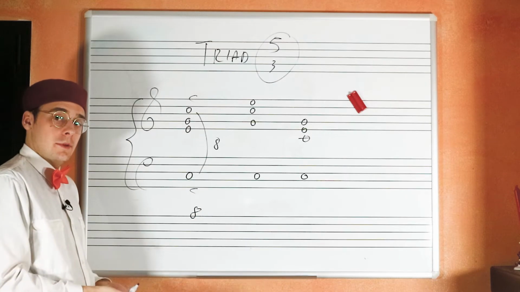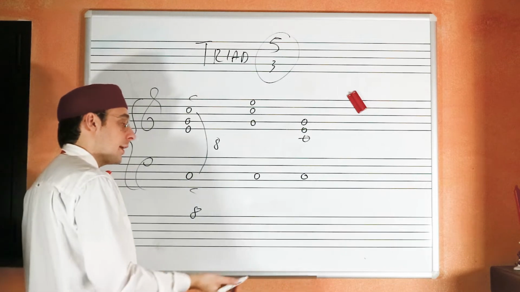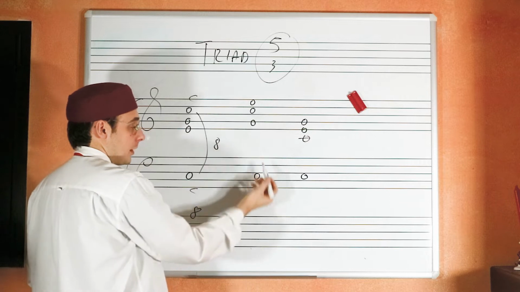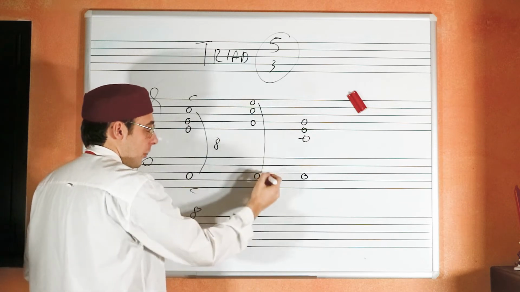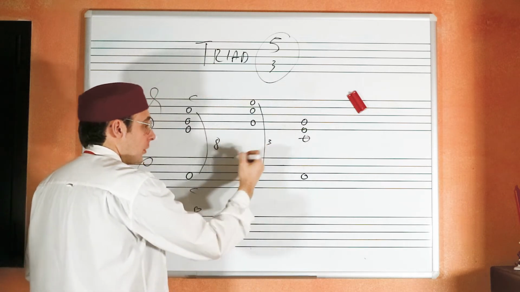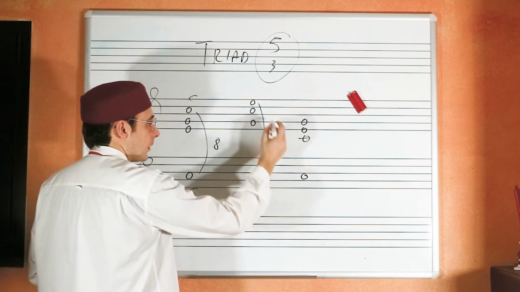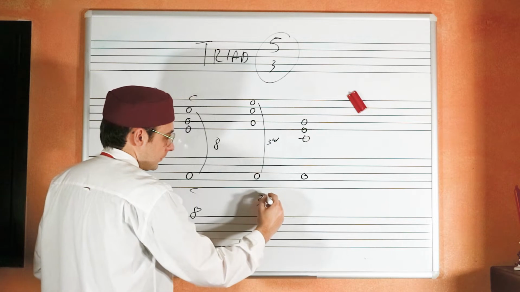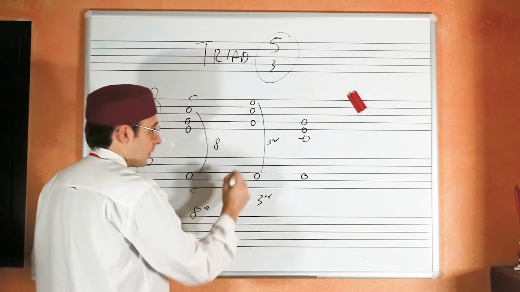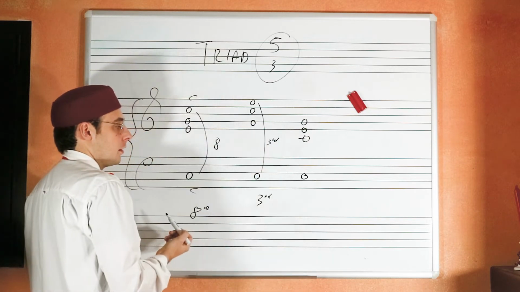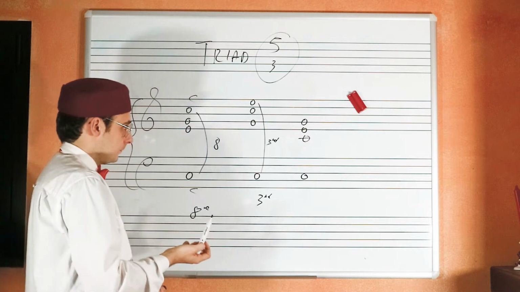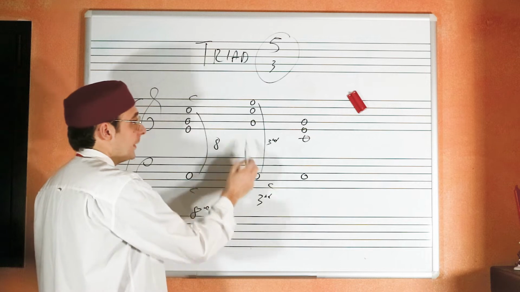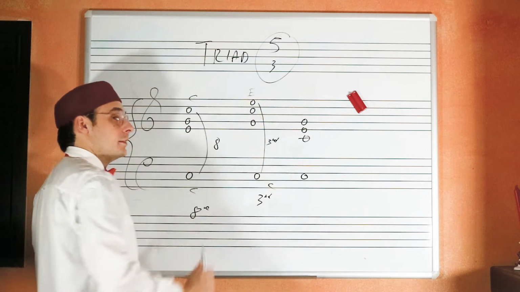In the second example, if we look at the relationship between the upper voice and the bass, we have a third. So this is the third position. As you can see, in the bass we have the C, and in the top voice we have the E.